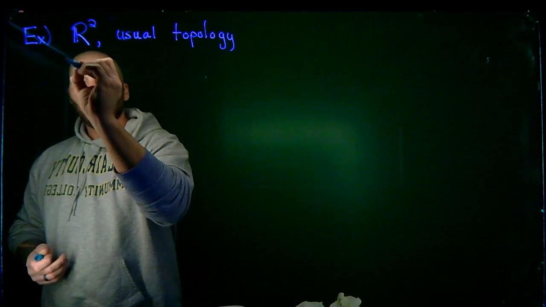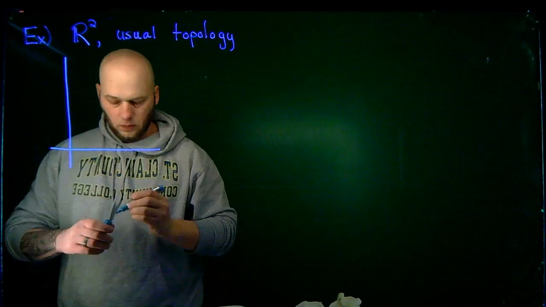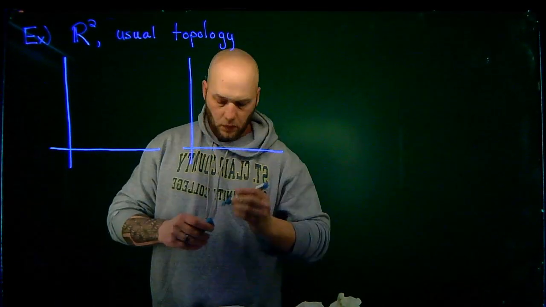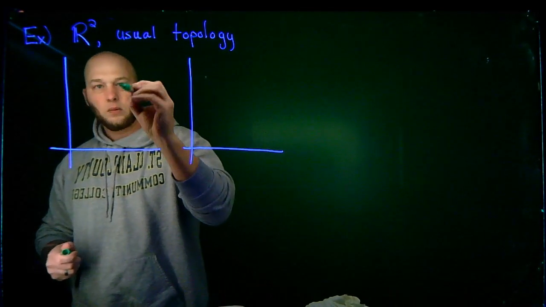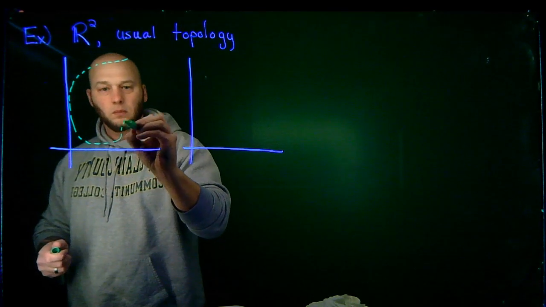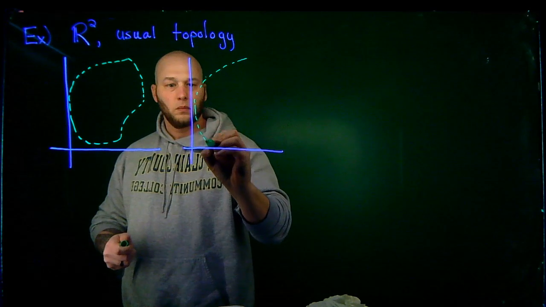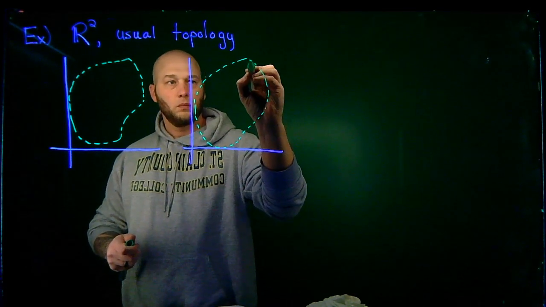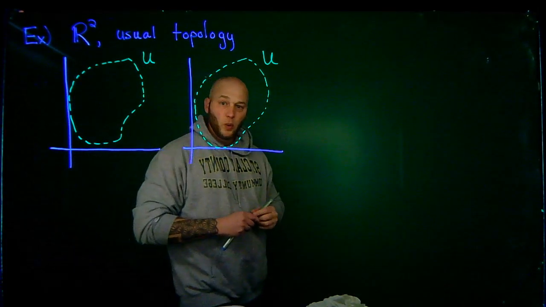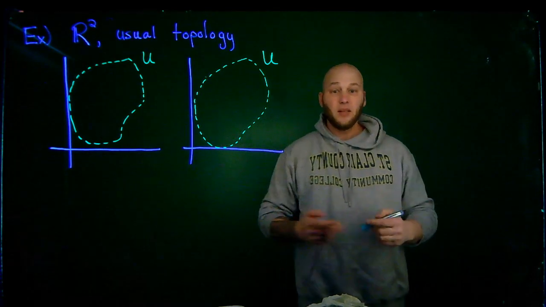So let's say I have the following open set U, which is open in the usual topology, and what could I use for basis elements of this?